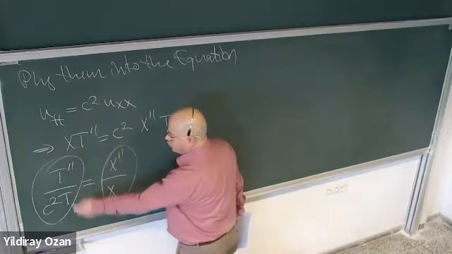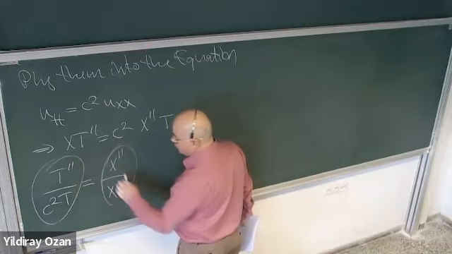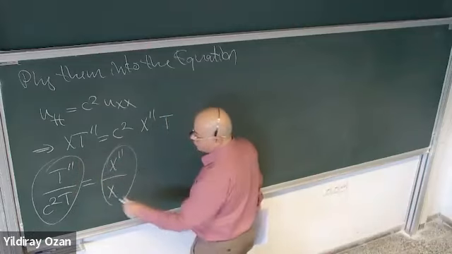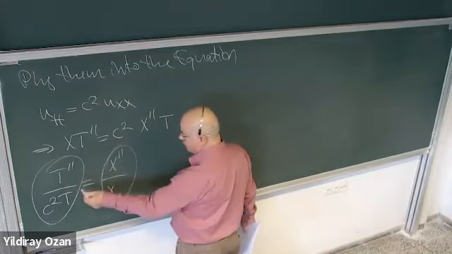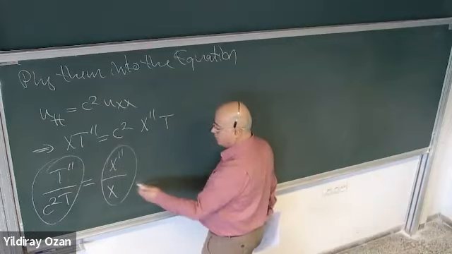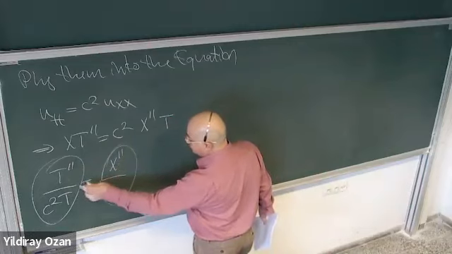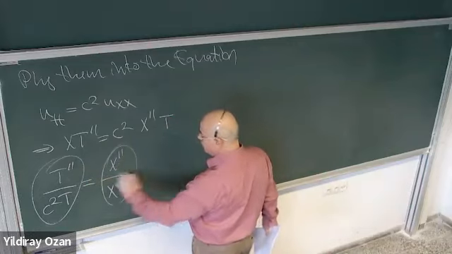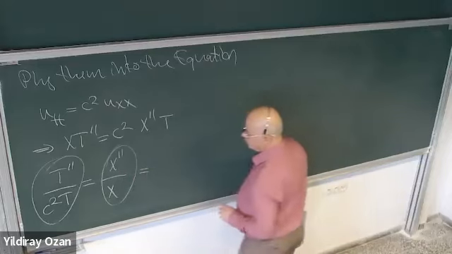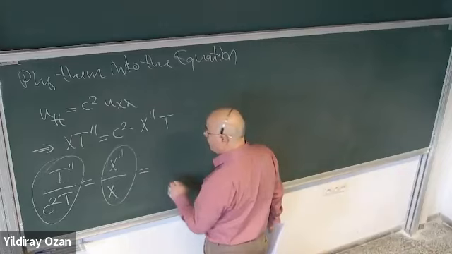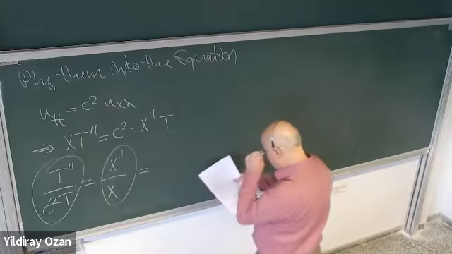So no matter how you change t or x, this ratio doesn't change, because when you change t, this might change, but this doesn't change. Therefore, this shouldn't change. And the same way, as you change x but keep t constant, this will change, but since they are equal, this cannot change either. So both of them should be equal to a constant, and that constant is common.